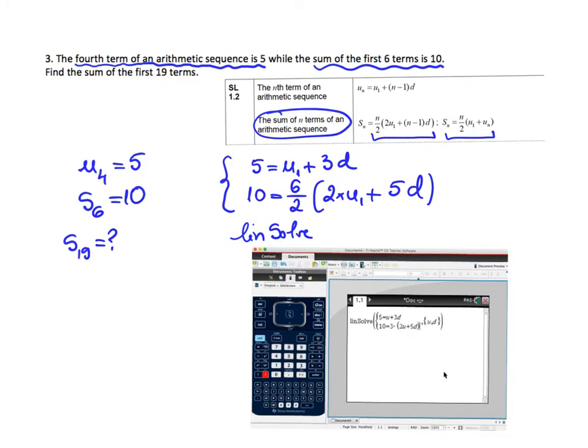Enter. And here are my answers. Therefore, my answers are U1 equals negative 15, D common difference equals 20 over 3.